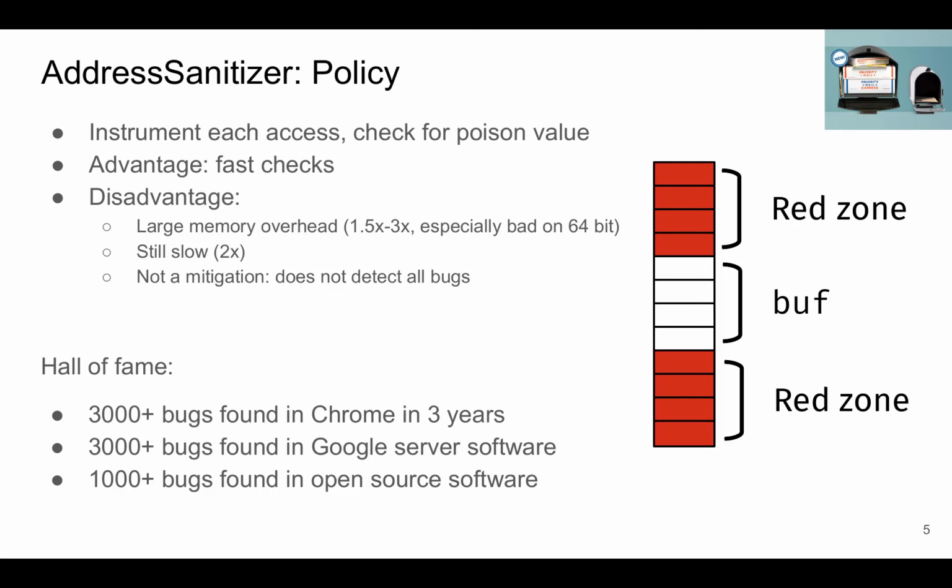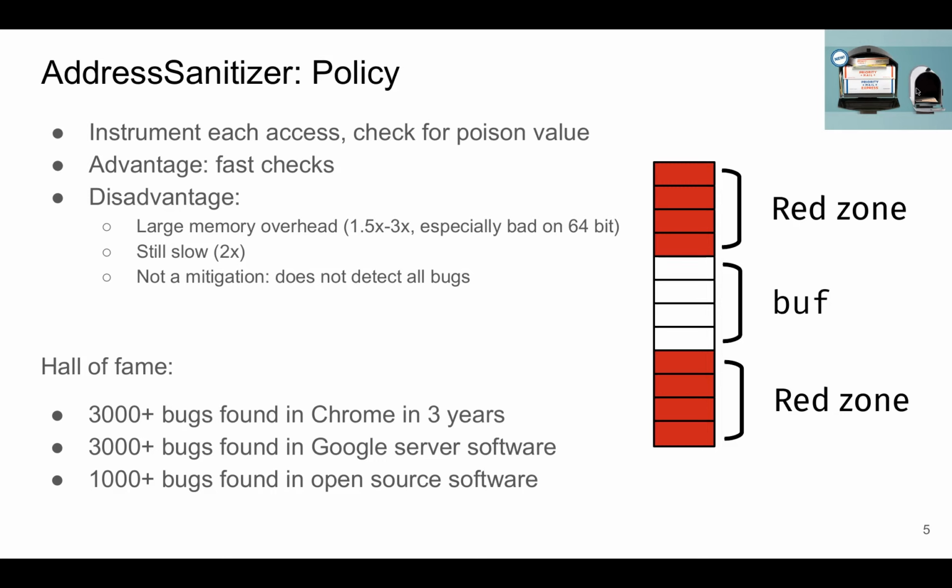Yes, intra-struct overflows, right? Inside a struct, if you have multiple fields and you're overflowing from one field to the next, we cannot detect that, because the red zones will only be placed before and after the struct. Now, we could change the layout of the struct, but this would break compatibility with code that is not instrumented, right?